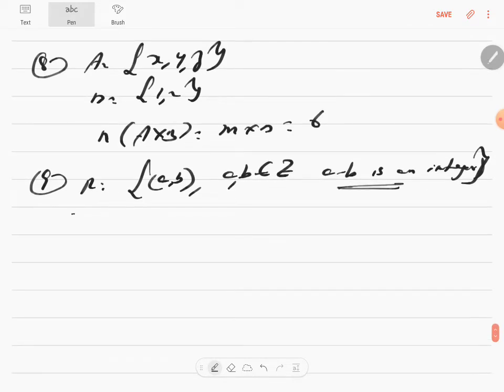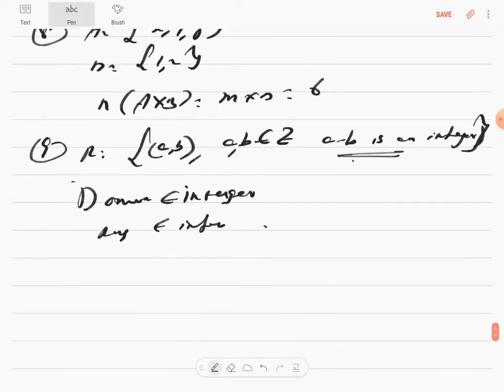So they are asking you to find the domain and range. You subtract an integer and an integer, so the domain will also be integers, and the range will also be integers. Because any integer minus integer is an integer. Are you clear? Yes, ma'am.